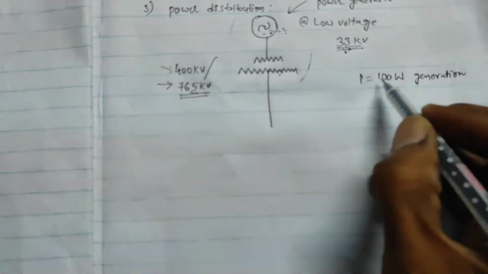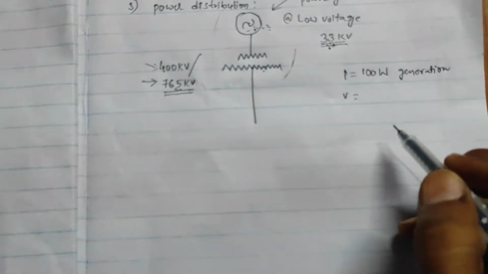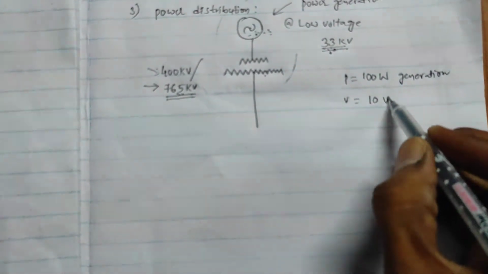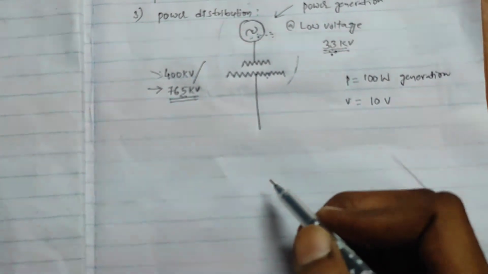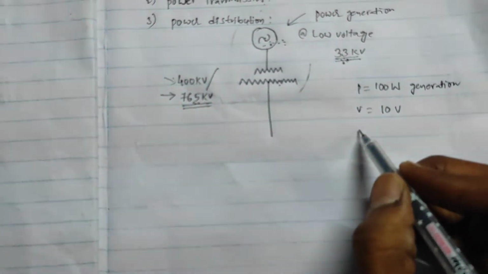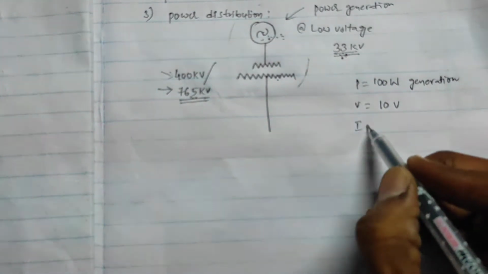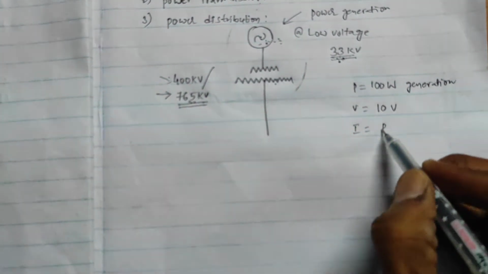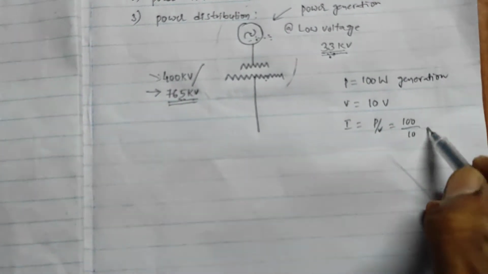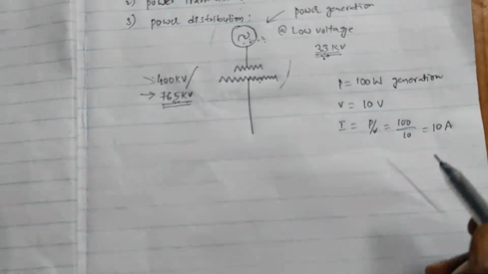This is power P. So the amount of current that we can supply through the transmission line will be 10 amp.